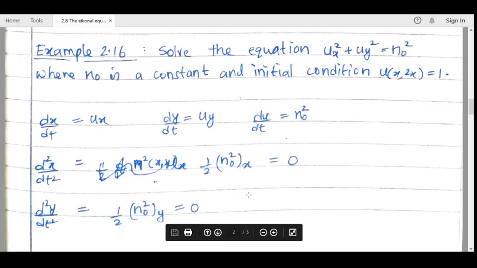Now since they are second order equations, we know how to solve this. We get that the characteristics are straight lines. x of t and y of t are straight lines, because if you integrate this 2 times you will get straight lines.